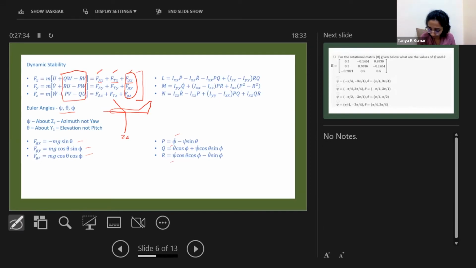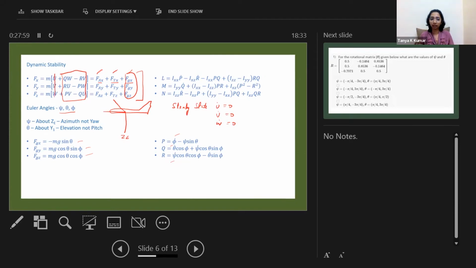So these dot terms, u dot, v dot, w dot, will vanish. In steady state you have u dot equal to 0, v dot equal to 0, and w dot equal to 0. If you get rid of these terms, that gives you your steady state equations. The rest of the terms remain the same.